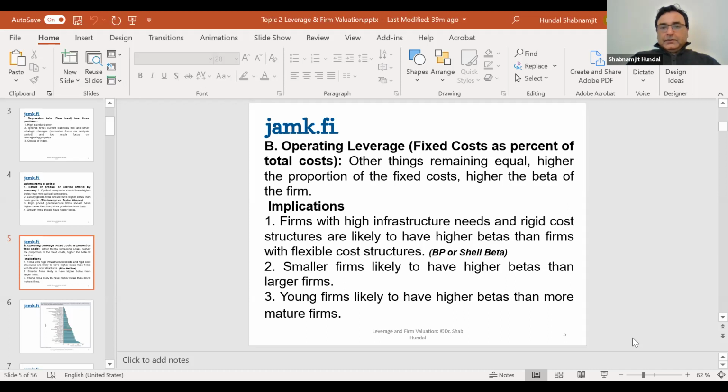If you see the income statement, how many of you have seen the income statement of a company? The first thing you have is the total revenue, and from total revenue you subtract operating cost. Operating cost includes the production cost, the raw material and everything.